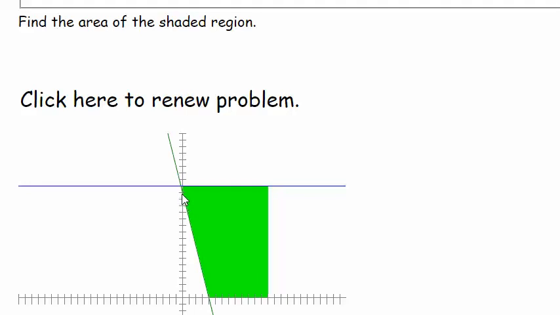Since this is 16 units, it's negative 16, and then we count over 1, 2, 3, wait a minute, 1, 2, 3, 4. Count over 4. And that actually intervals between 0 and 4.